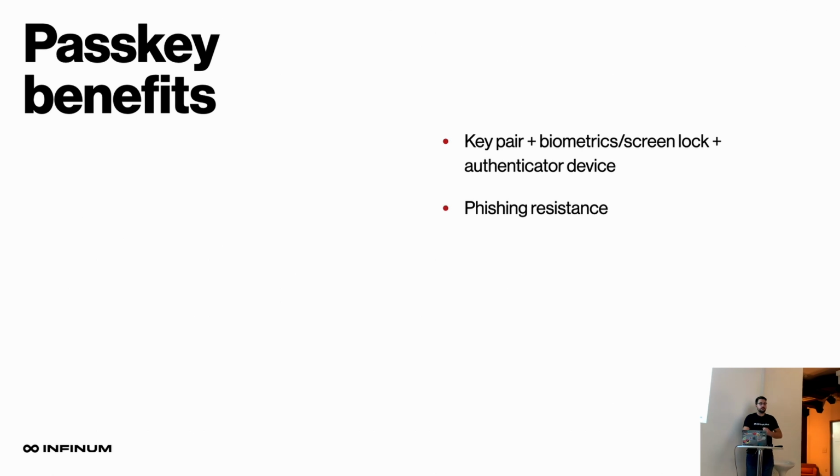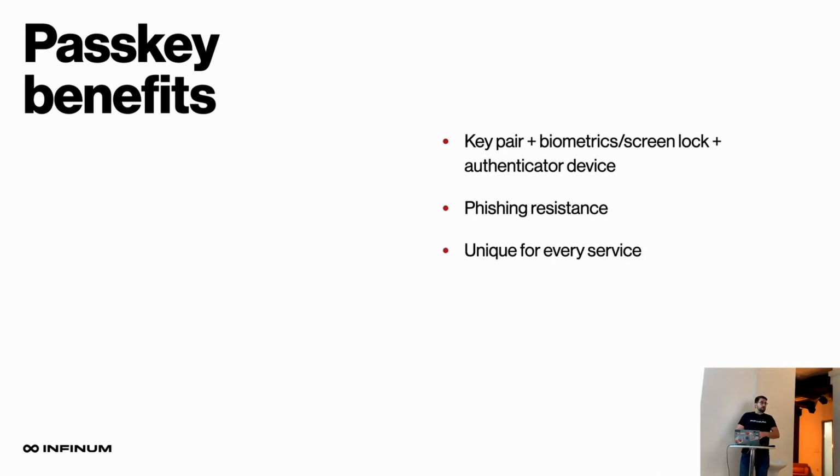So even if someone fakes a Facebook page and has you log in there, that's not going to work, because the concept of the public-private key works only for a single domain that's registered and confirmed. You're going to see in the implementation what actually needs to happen for the passkey to work.